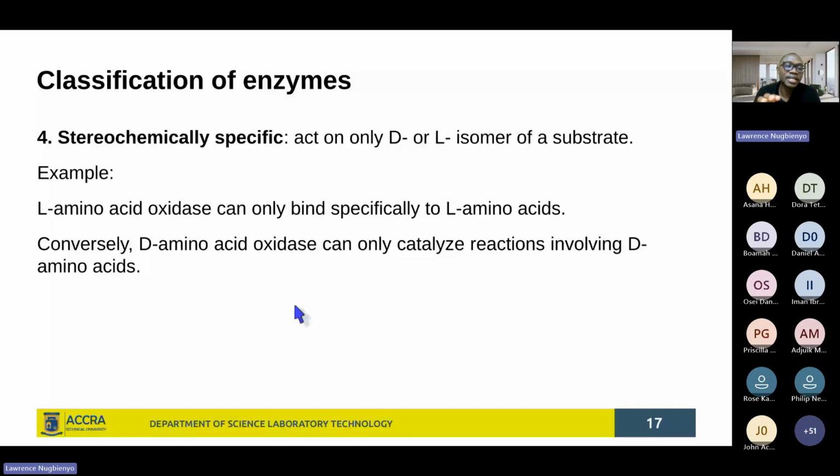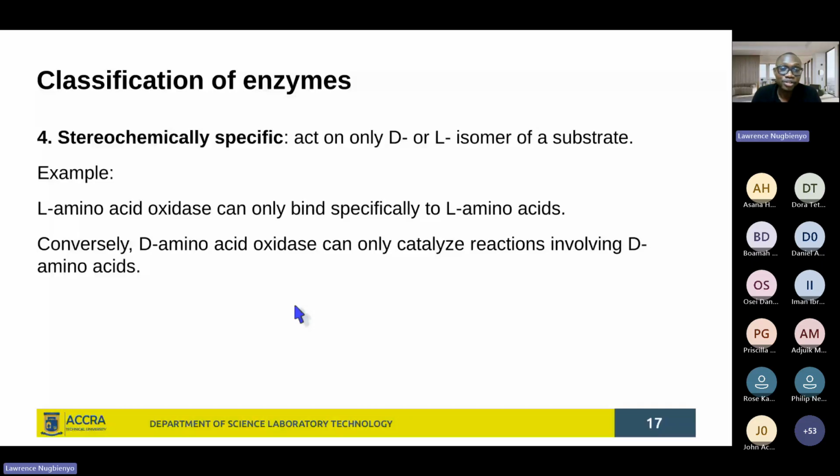So usually, you remember what you refer to as enantiomers. These are isomers of a compound that are mirror images of each other. They are non-superimposable.